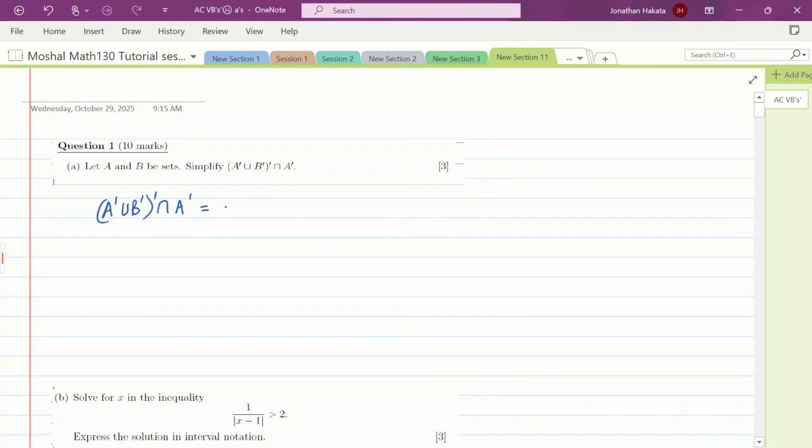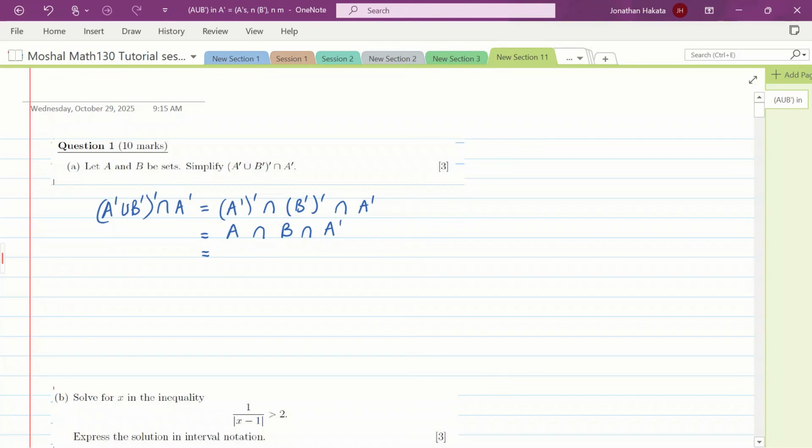So you end up with A complement, and then the union becomes an intersection, then B complement, intersection A complement, all right? So doing that, the complements cancel, so you end up with A intersection B, and then this should be intersection A complement.